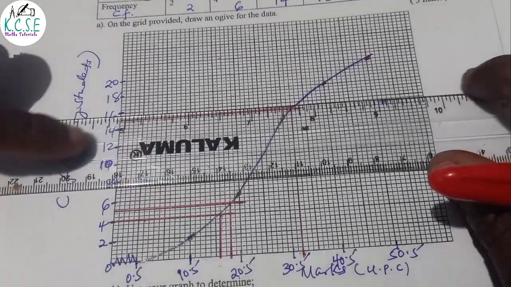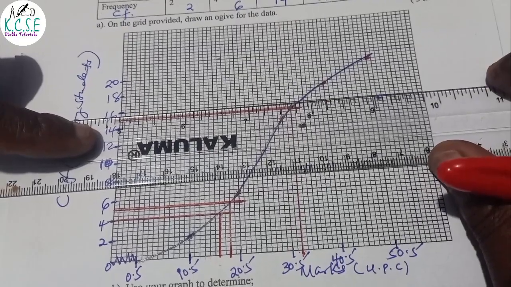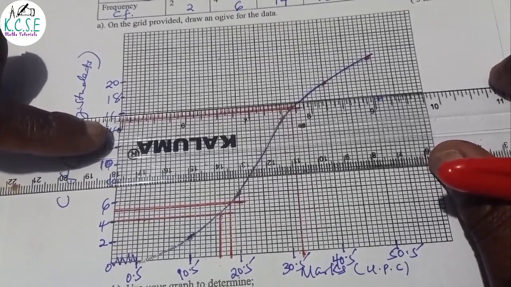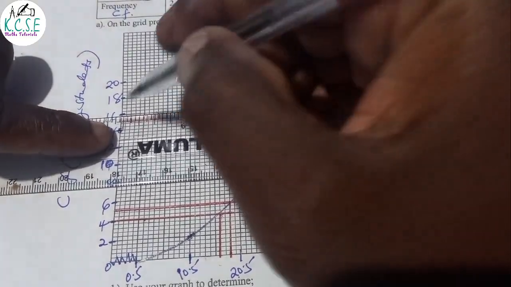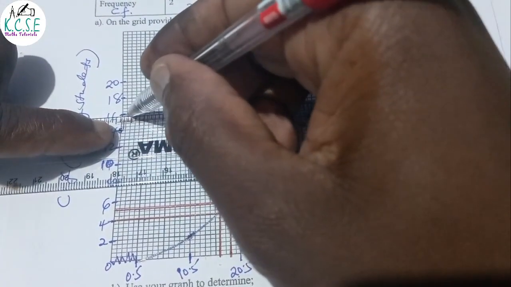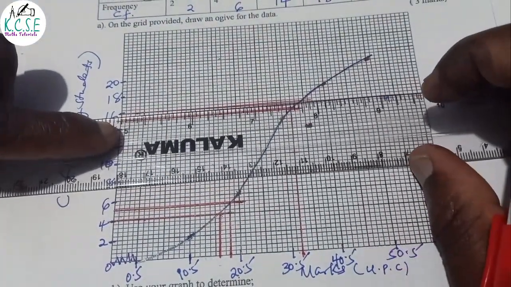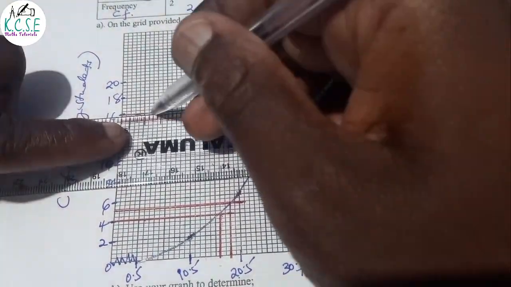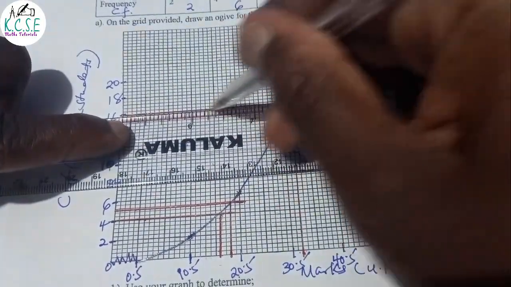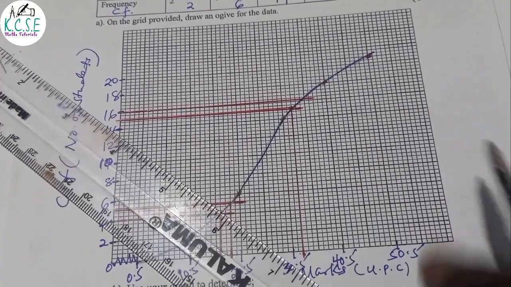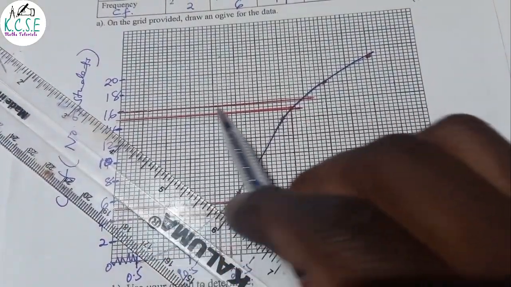The 16th student is here. So you draw a straight line like that. Make sure the line is straight.